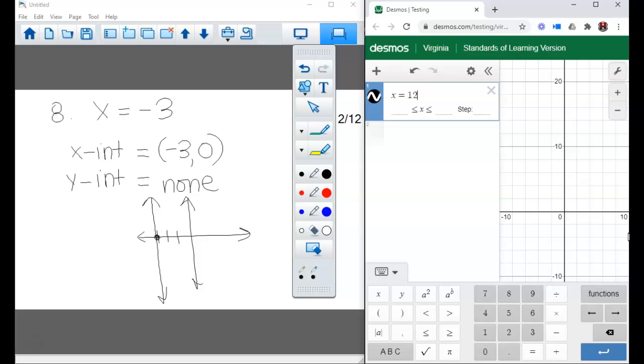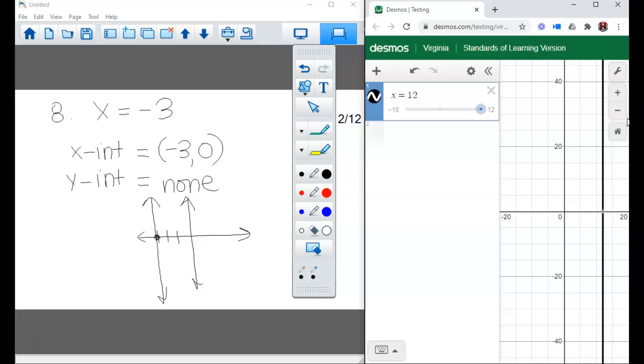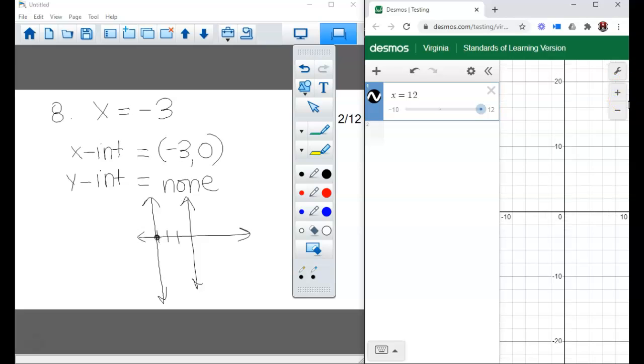If that happens to you, come up here. The plus sign will let you zoom in, and the minus sign will let you zoom out. If you hit that minus sign, it will zoom out a bit and let you see your line, crossing the x-axis at 12, 0. So if you're unable to see your line, try using these buttons to zoom in and out.